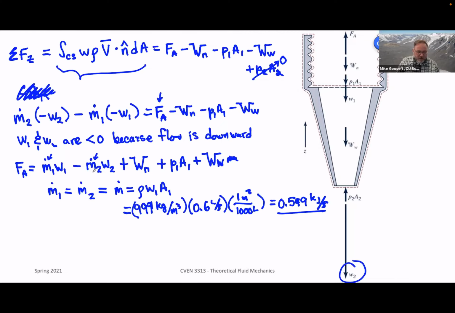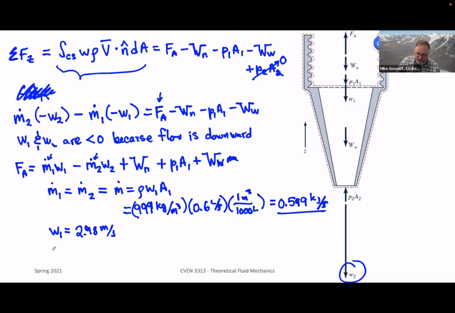W1 and W2 are given, but we need to convert them. For the sake of time, I'm not going to go through the steps to convert them. You could do that on your own, but essentially W1 and W2 are equal to the flow rate, 0.6 liters per second, divided by a cross-sectional area after you do the conversions. W1 will come out to 2.98 meters per second.